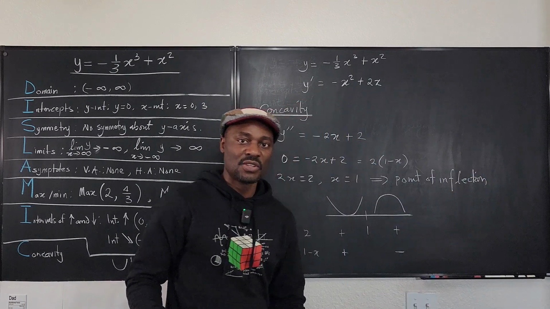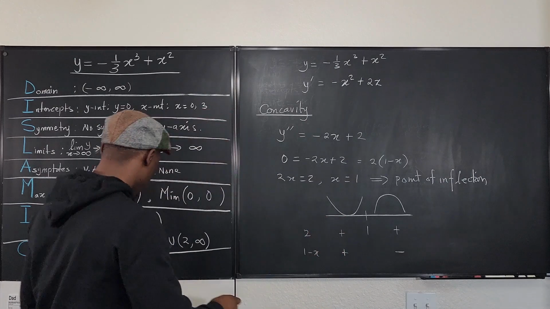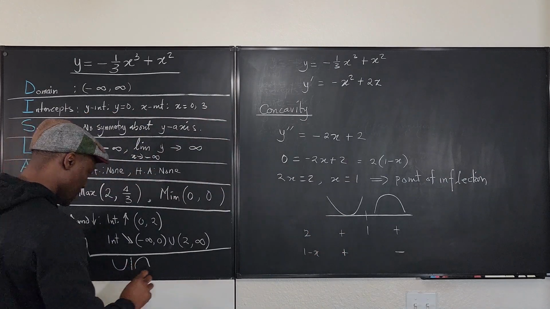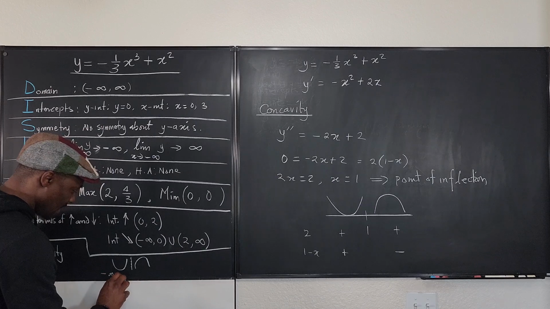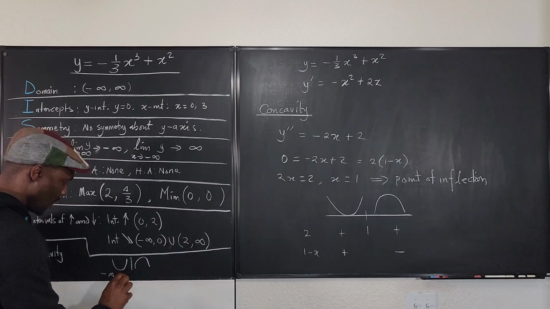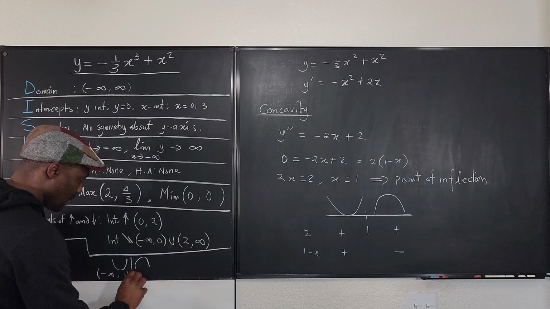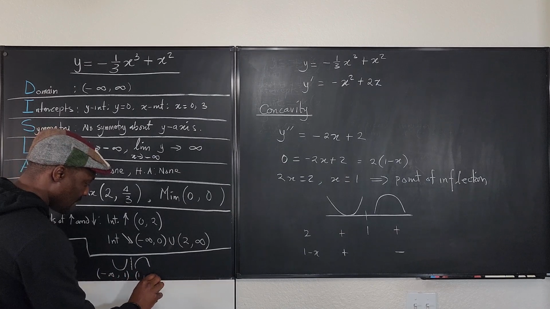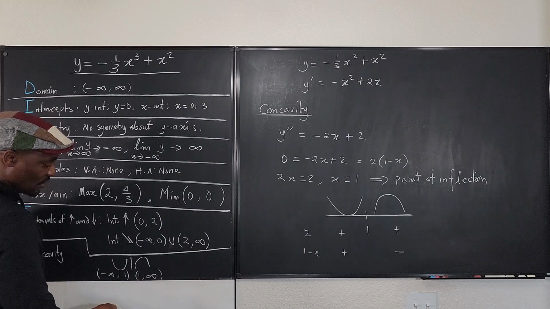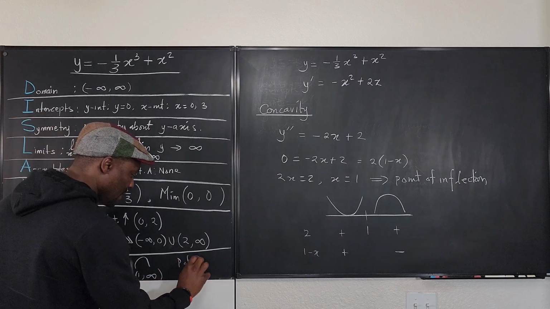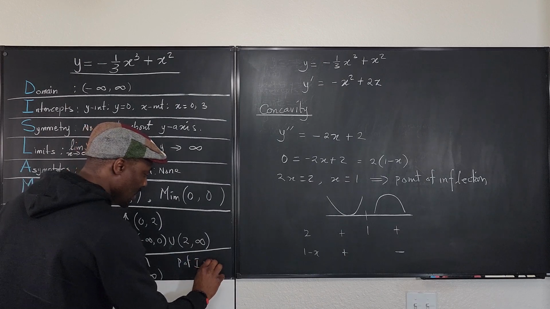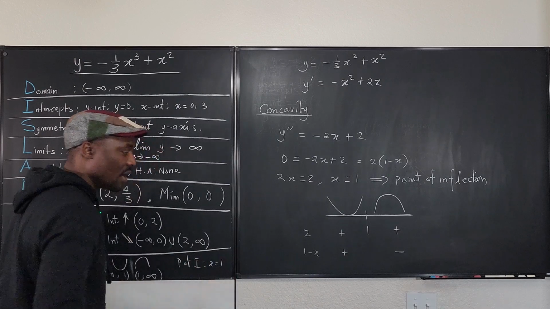The point of inflection is where concavity changes, and that's it. So this goes from negative infinity to 1, and this goes from 1 to infinity. Basically that's what you have. And the point of inflection is x equals 1.